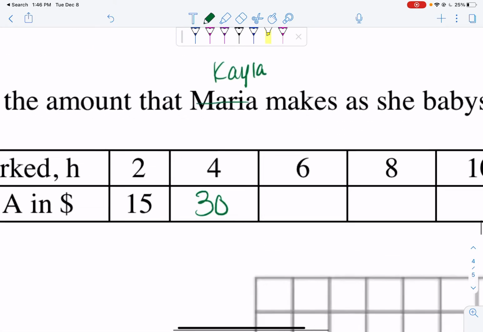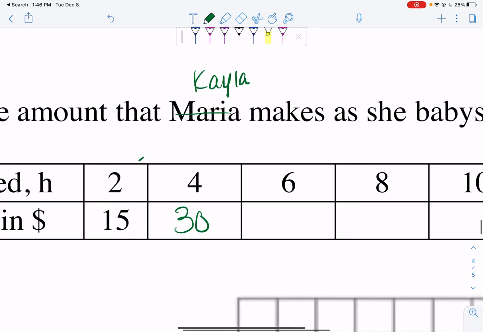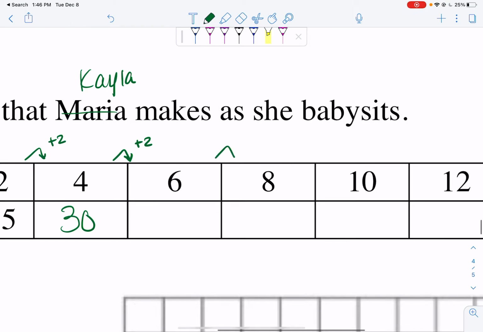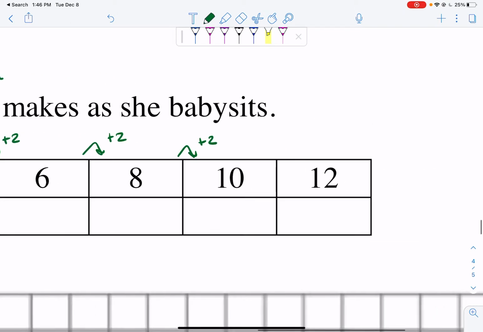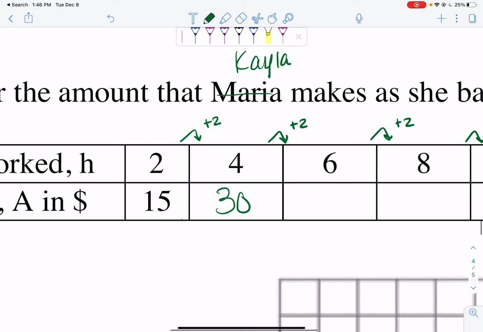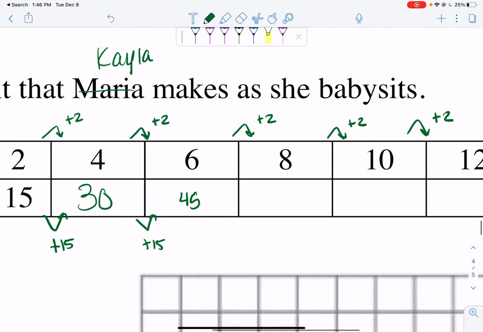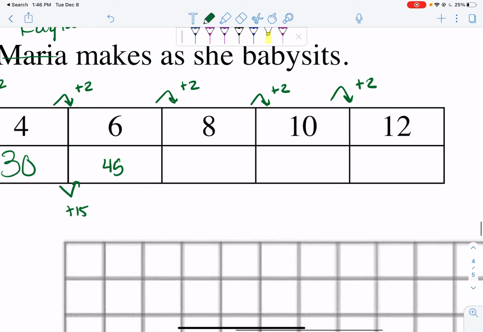So if I look, I'm going up by 2 for my h's, or my x values, and I'm going up by 15 for my y values, or my money. So 30 plus 15 is 45. So for 6 hours of work, Kayla has made $45.